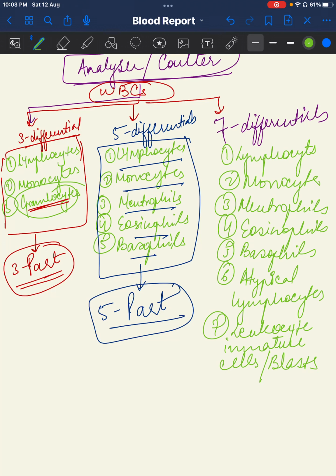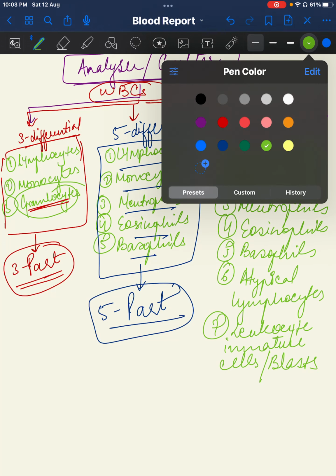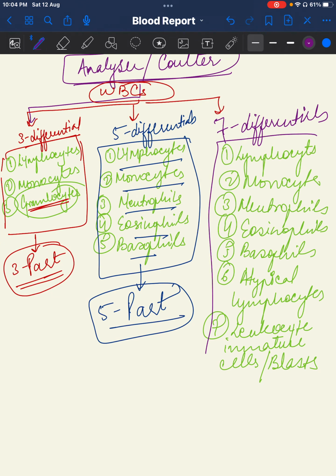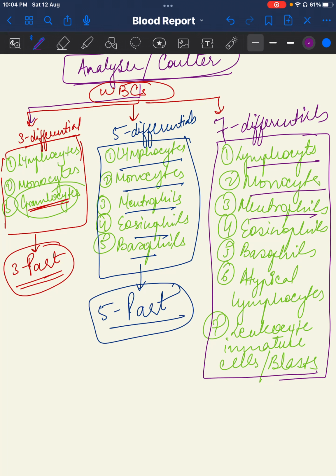So what it has done is given you the data about seven differentials of the WBCs. It has talked about the lymphocytes, monocytes, neutrophils, eosinophils, and basophils. So these are the routine WBCs which you should see in a PF. Apart from that, it has given you the added advantage of looking at atypical lymphocytes, the star performer of these, and leukocyte immature cells or blasts.